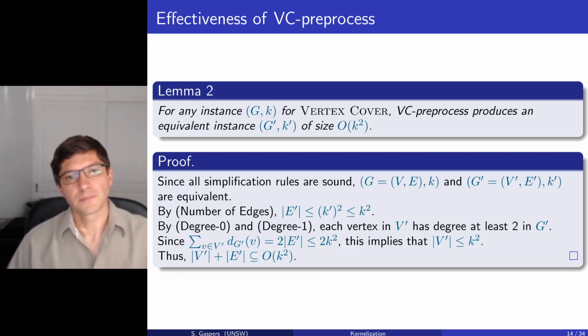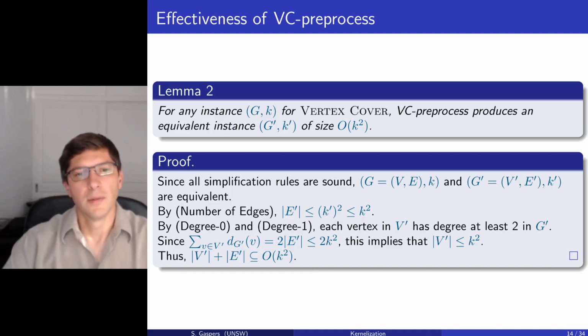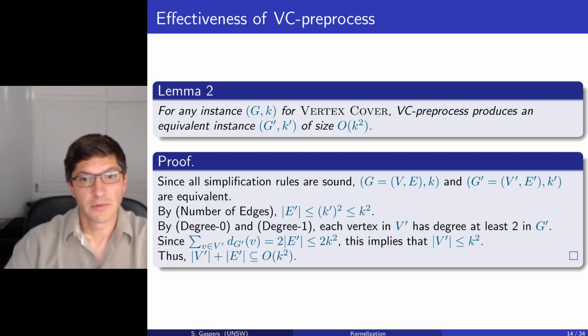Okay, let's see. So first of all, we have already shown that the simplification rules are sound. So the input instance is equivalent to the output instance.